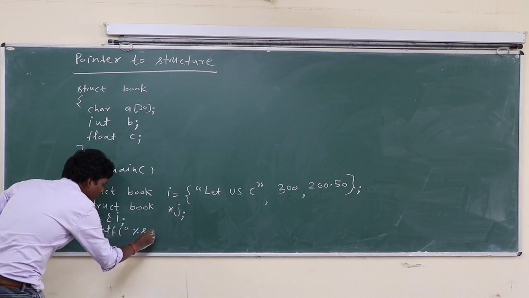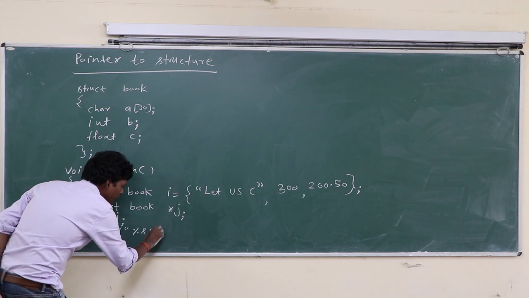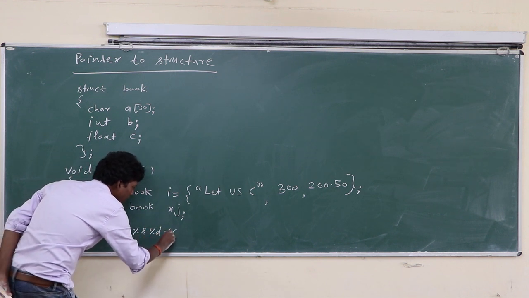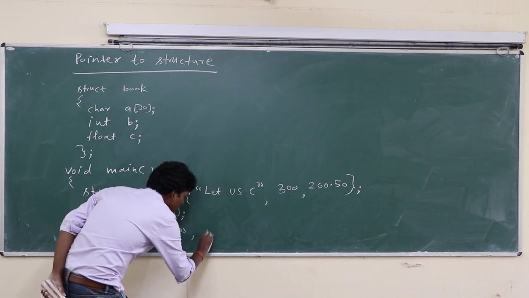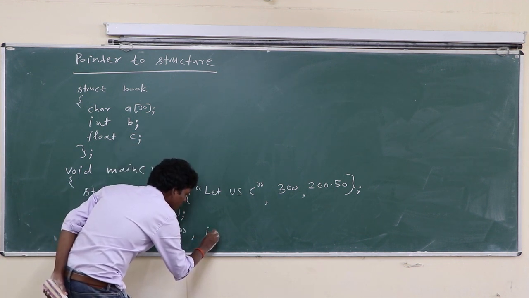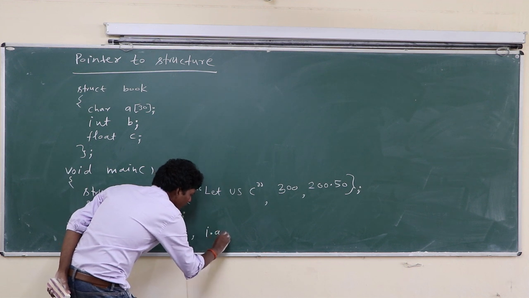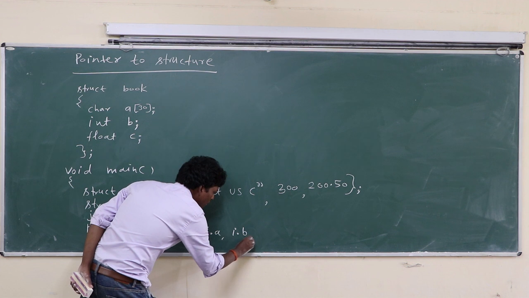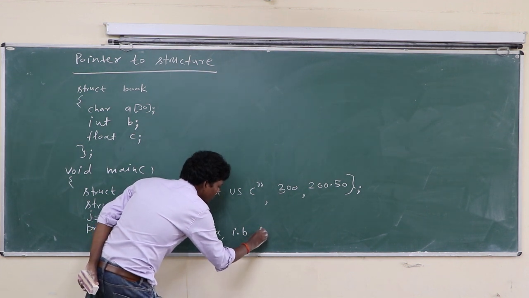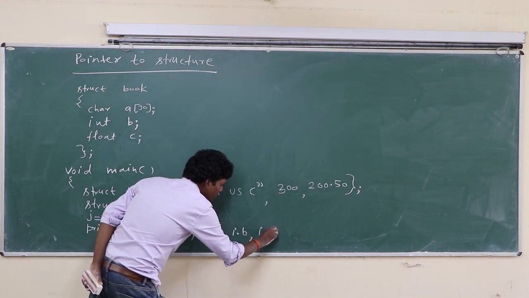%s for the name of the book, %d for the number of pages, %f for the price of that book. Here i dot a comma i dot b comma i dot c.